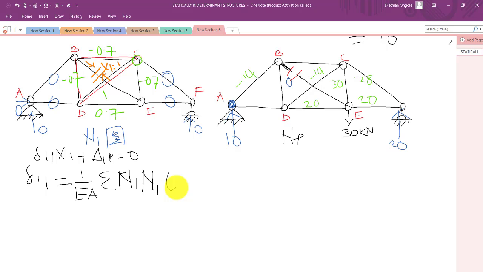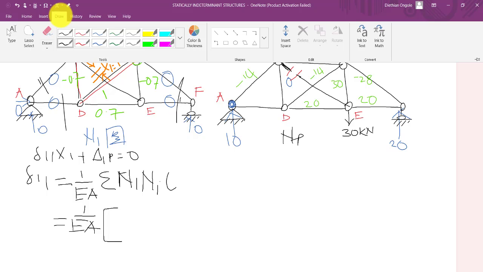So for this case, this would be equivalent to 1 over EA into, now we know that this one here has an internal force of 0, this also has a 0. Likewise, this one and this one have a 0. So we have only 5 of them left that have force on them.